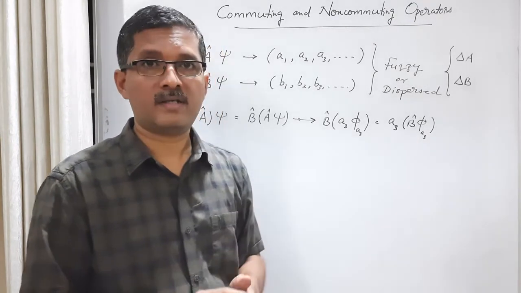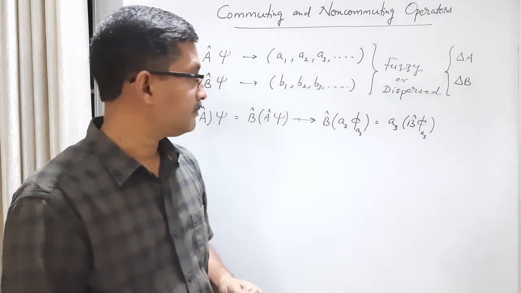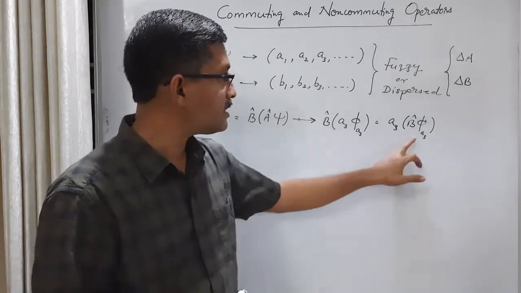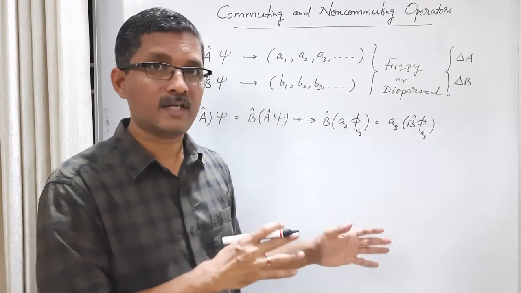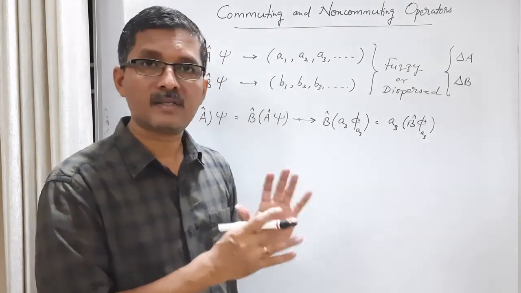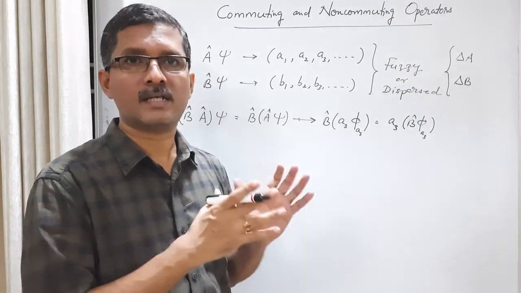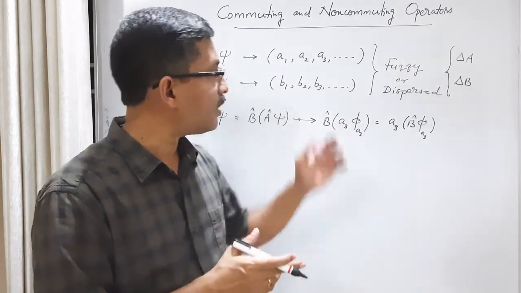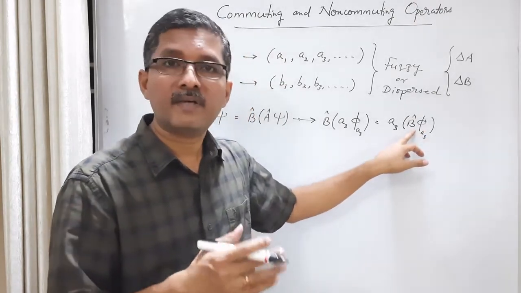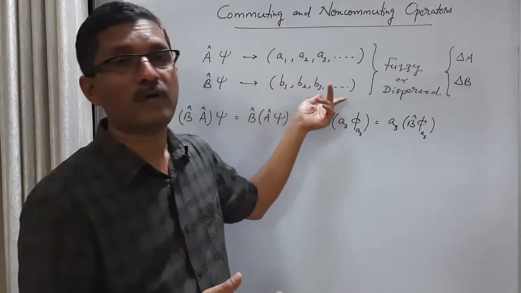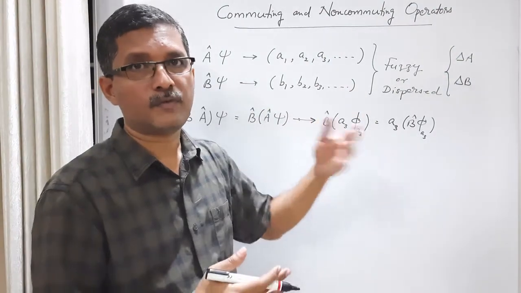There are no common eigenstates for A and B. So this is a general state for operator B. It's an eigenstate of operator A, but it's not an eigenstate of operator B. That means that this phi A3 is a general state for operator B. Then what happens when we measure B in this general state? We can get any one of the eigenvalues of B with different probabilities.